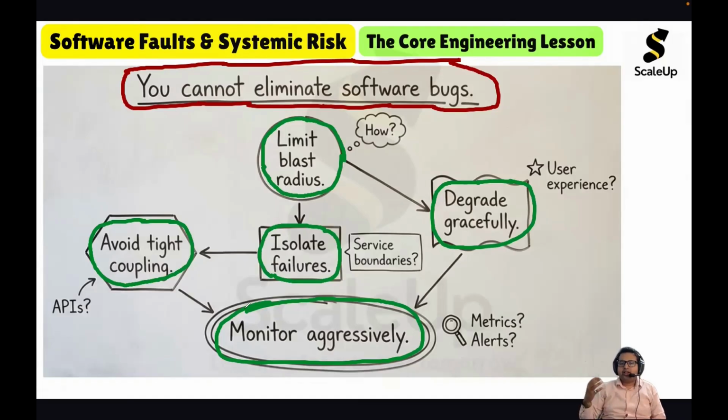And how it can degrade gracefully under software faults is fallback logic and priority shedding. And we should monitor aggressively our data intensive applications. We should monitor the golden signals, the latency, traffic, errors, and saturation. And we should prefer observability over monitoring.